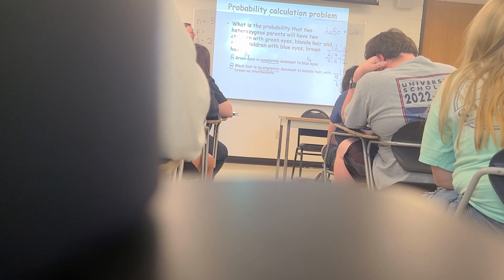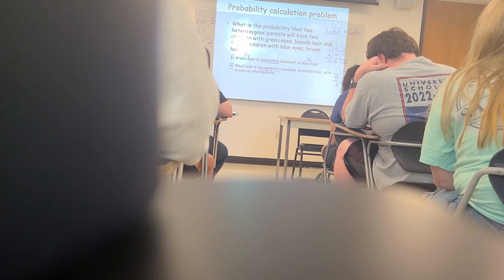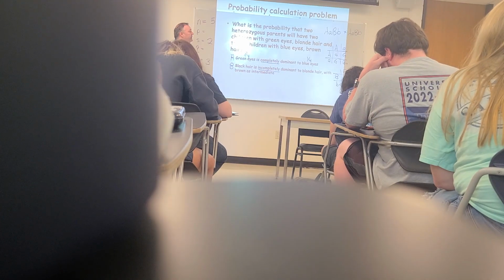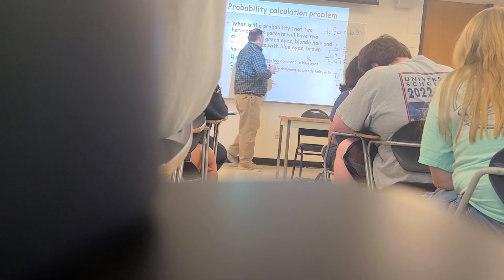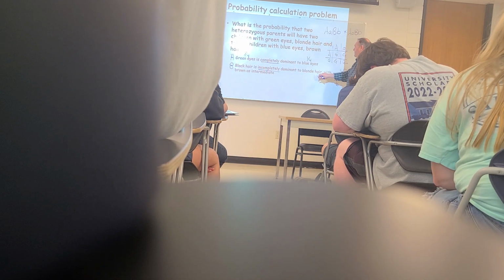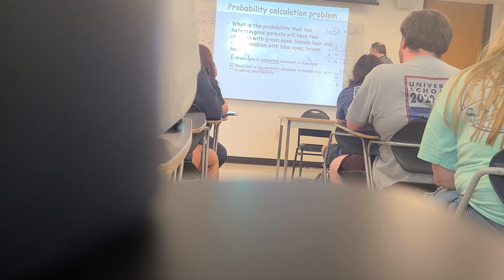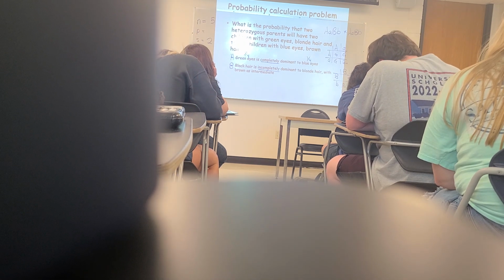So now we need to think about blonde hair. What was the probability of getting blonde hair? It says black is incompletely dominant with blonde, with brown as intermediate. So if brown is intermediate, that means these two will be brown because they're the heterozygous cases.